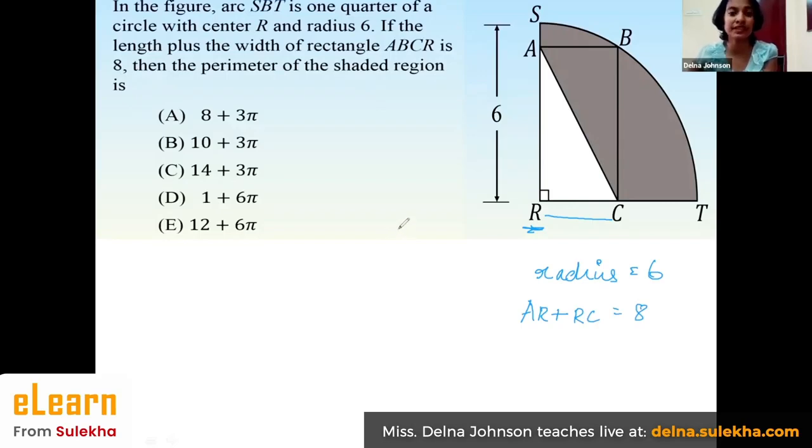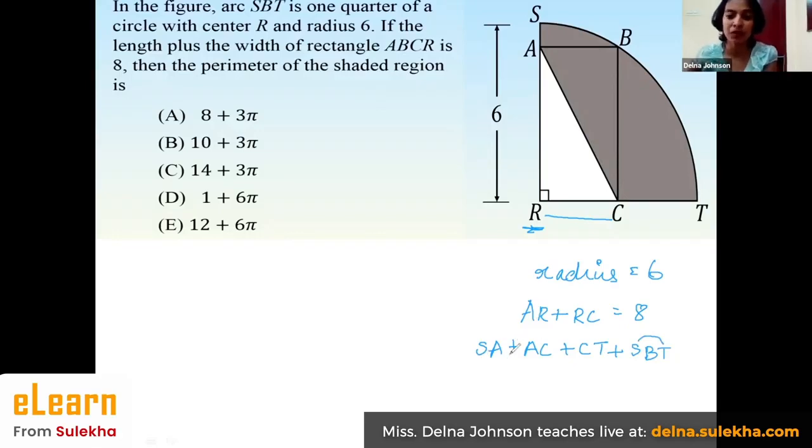They've given you this, and then you should find the perimeter of the shaded region. So if you need to find the perimeter, you need to find SA plus AC plus CT plus the arc SBT.